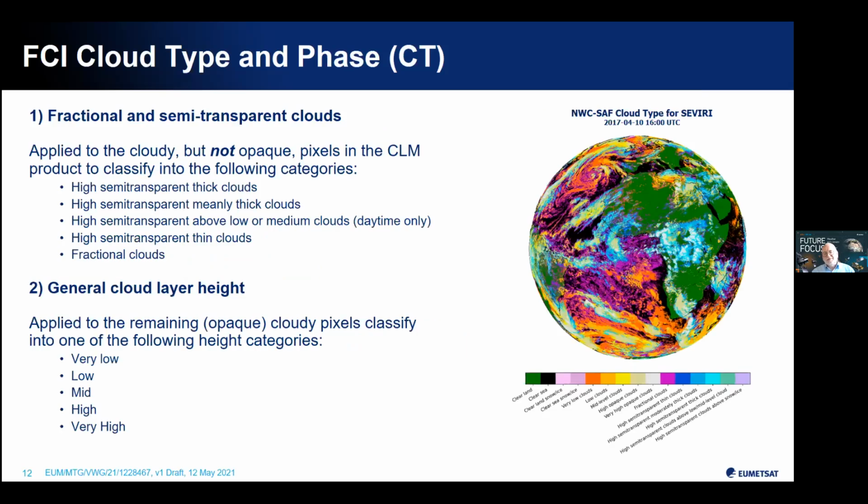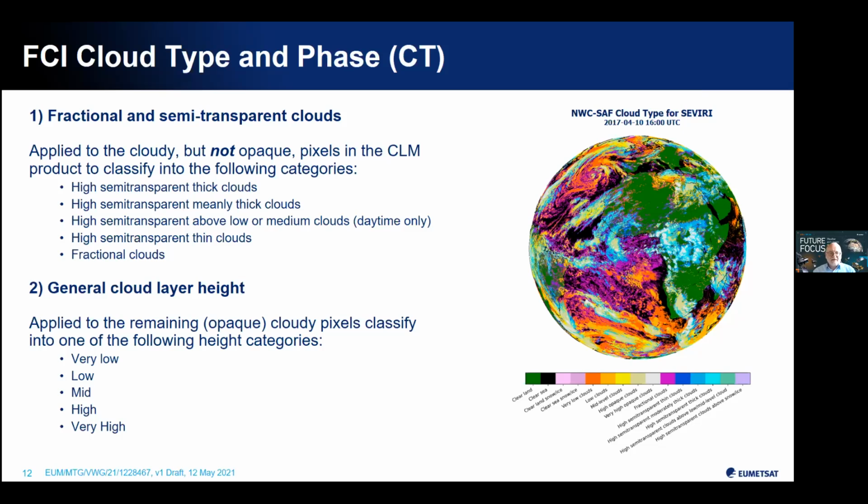Here's an example. Again, the algorithm is based on the nowcasting SAF cloud type, and we have an example for Severe here. The part 1 fractional and semi-transparent cloud detection are applied to the cloudy pixels, which are not opaque, identified by the test in the cloud mask.